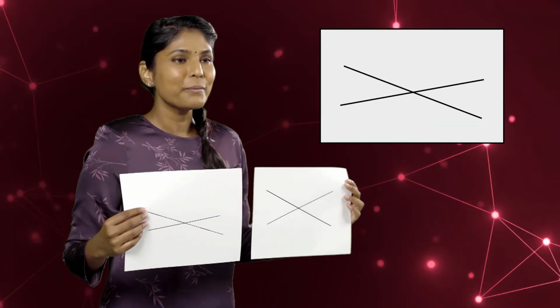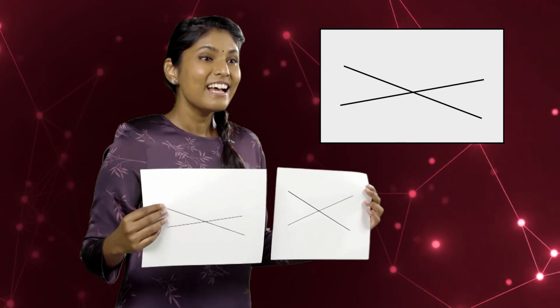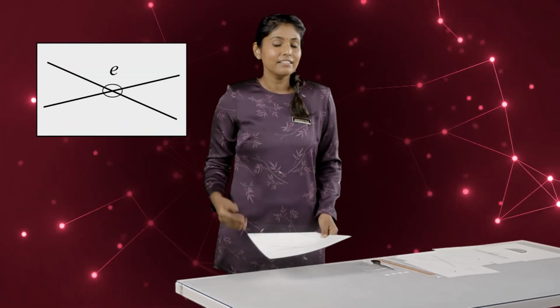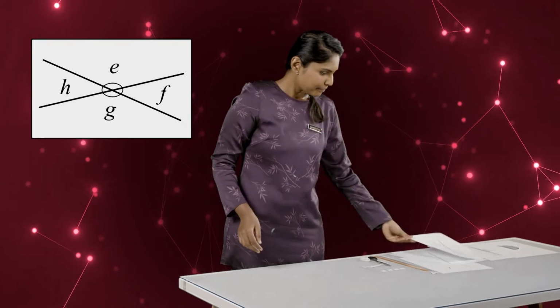This X looks thinner than the previous one. How about your new drawing? Can you show it to me? That's awesome! Now, label the 4 angles at the intersecting lines as E, F, G and H.